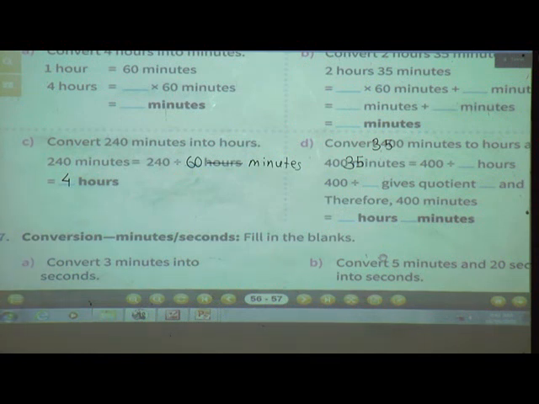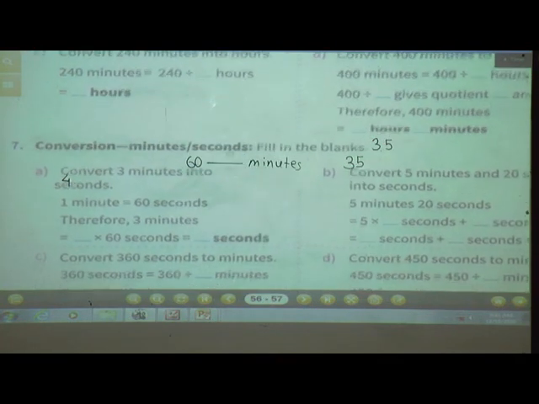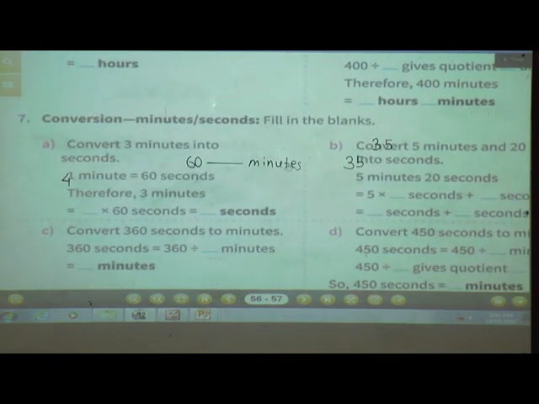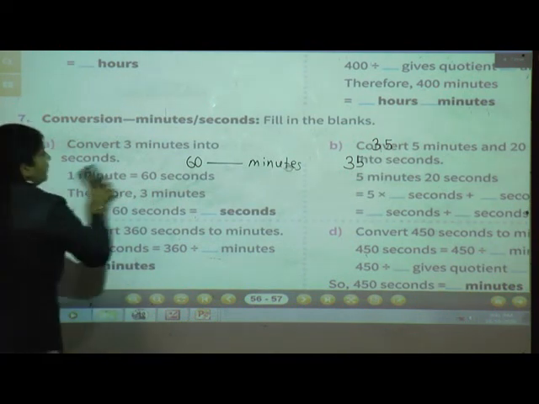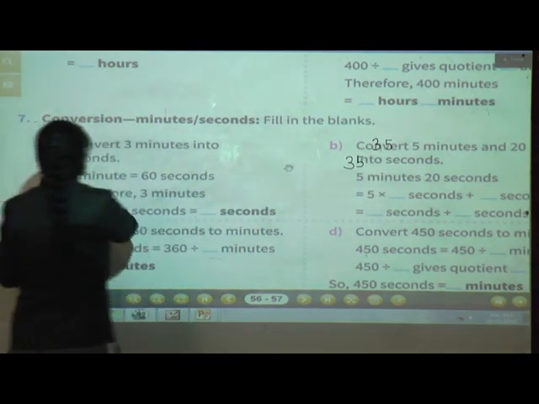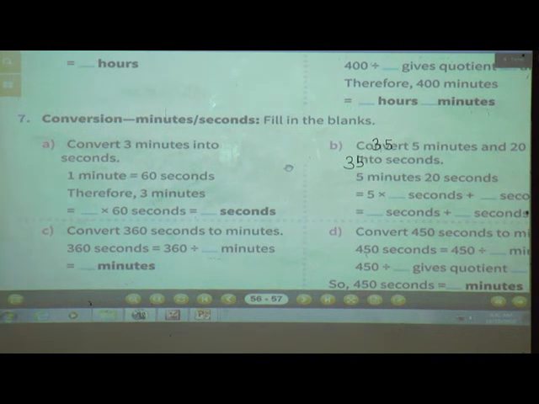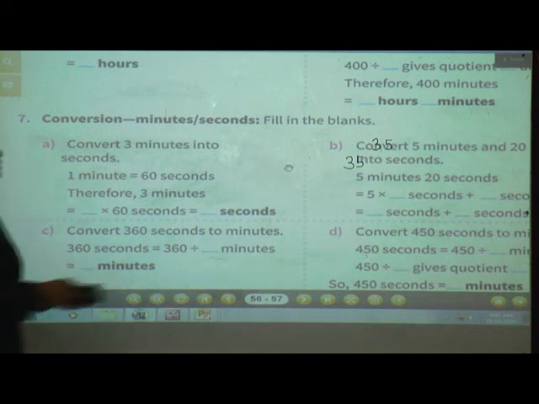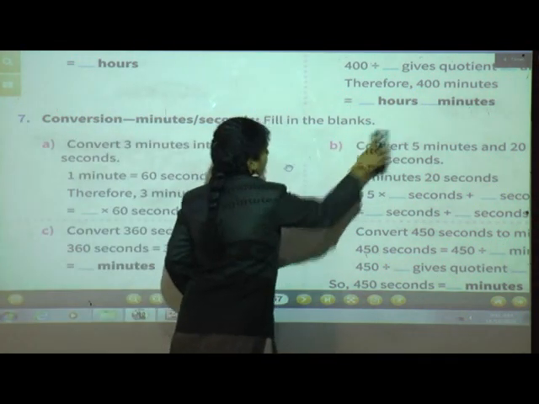Now we'll see the 7th one, conversion of minutes and seconds. Fill in the blanks. Here convert 3 minutes into seconds. All of you know that 1 minute is equal to 60 seconds.